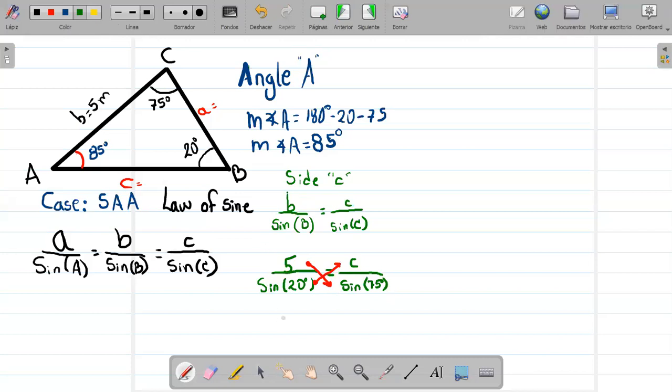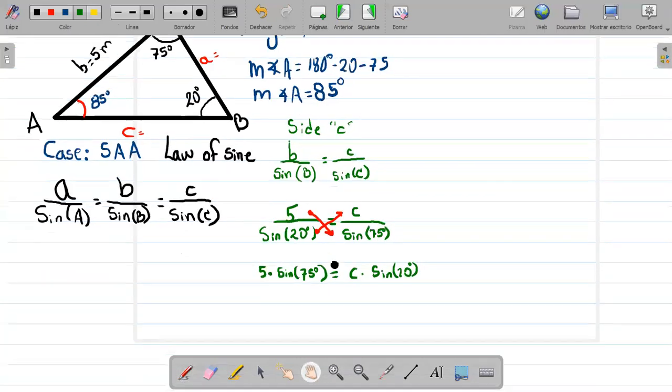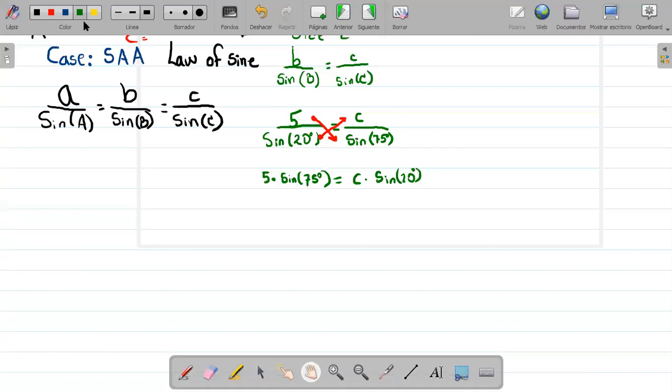So then we're gonna have 5 times the sine of 75 degrees equals C times the sine of 20. There it is. Now we have to pass the sine of 20 to the other side to divide.